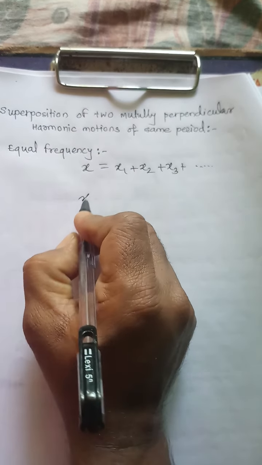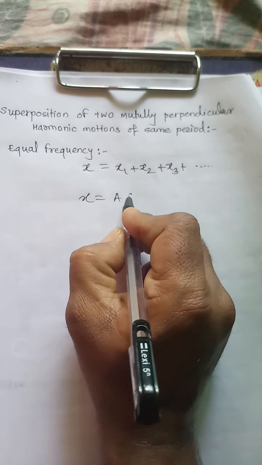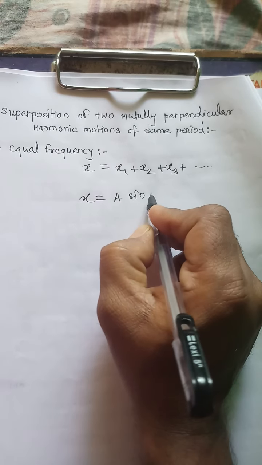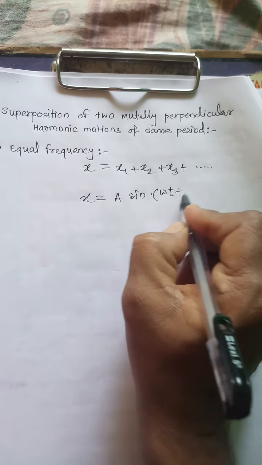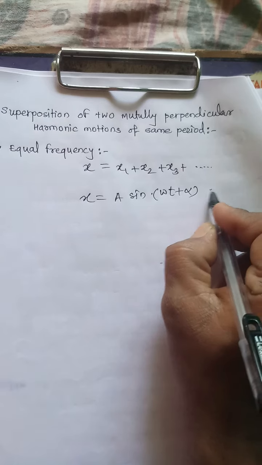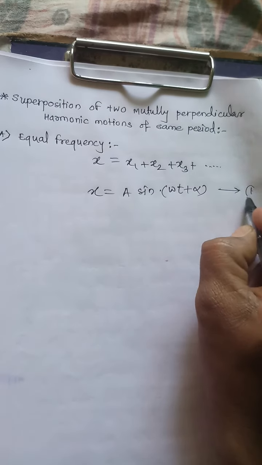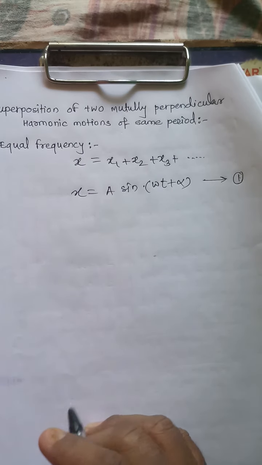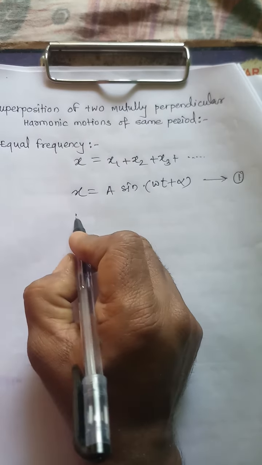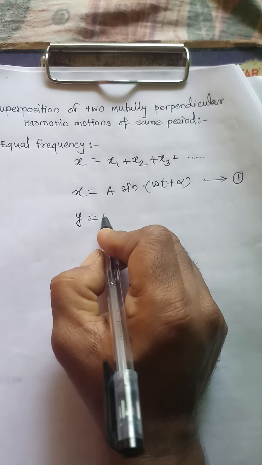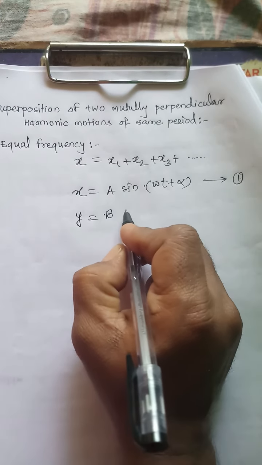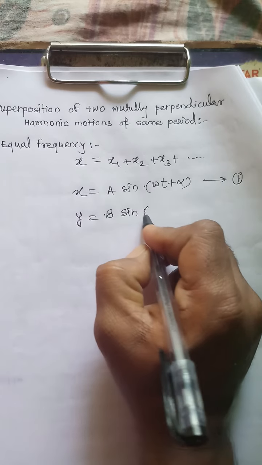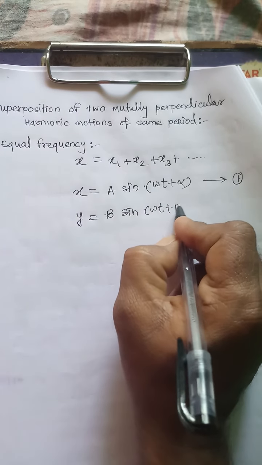That is, x is equal to a sine of omega t plus alpha. This is the equation for the first particle, which is moving along the x axis, and the expression for the displacement along the y axis, y, is equal to b sine of omega t plus beta.